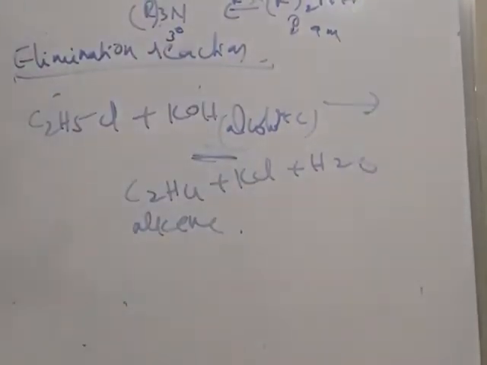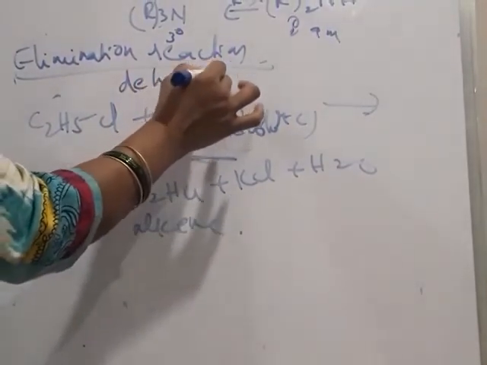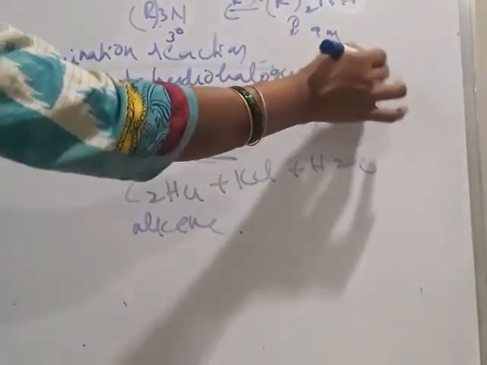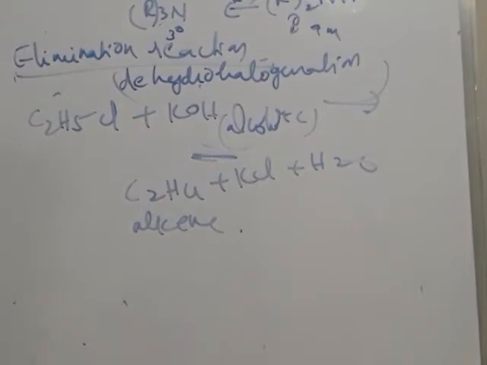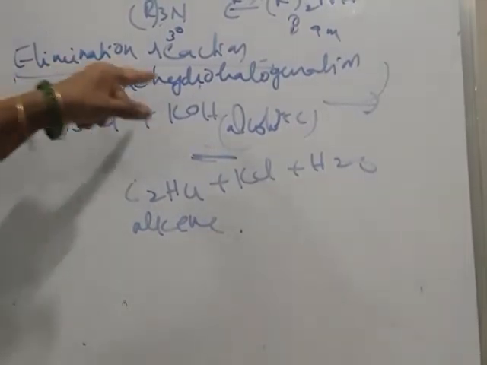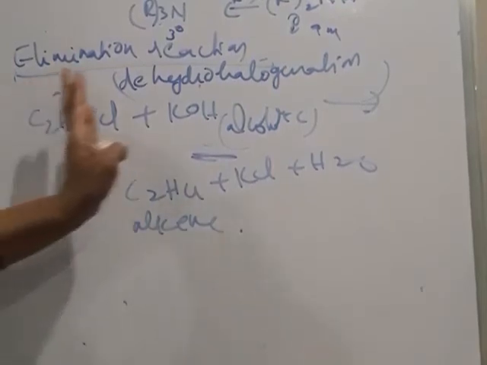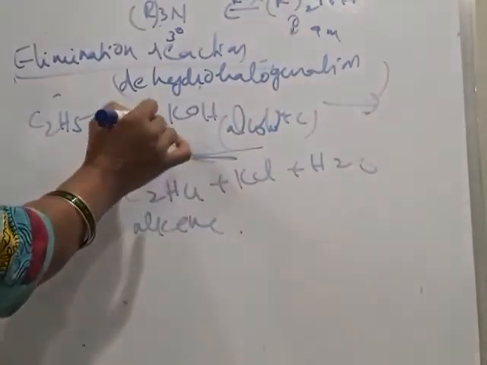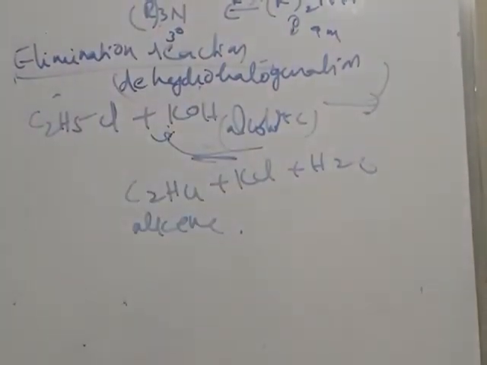This is very important. Elimination reaction is also called dehydrohalogenation reaction. Why so called? Because one hydrogen and one halogen get eliminated from the alkyl halide, and alcoholic potassium hydroxide is called the dehydrohalogenating agent.